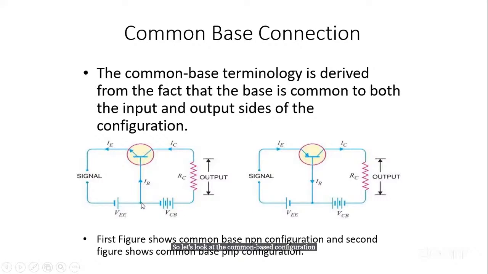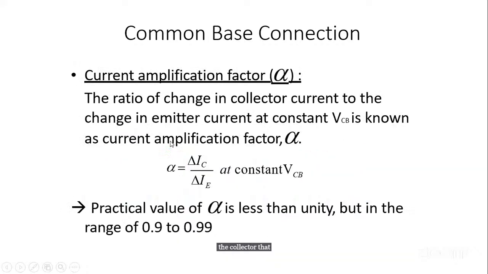The base is grounded. The input signal is fed between the emitter and the base, while the output signal is taken between the collector and the base. So the base is in between the emitter and the collector. That is a common base.